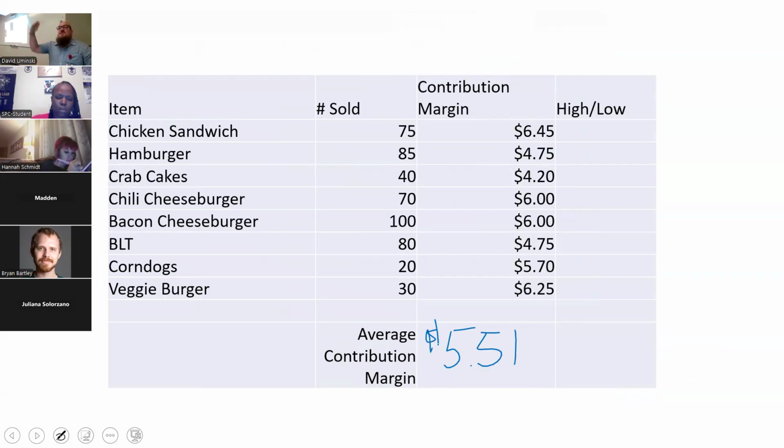Now this is where we do high and low. Is $6.45 higher or lower than the average? It is higher.